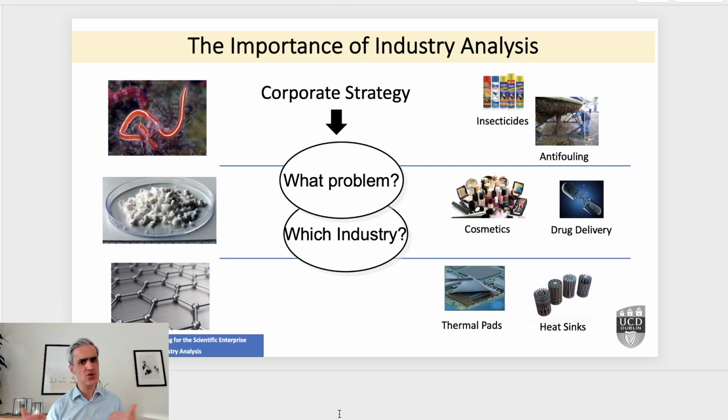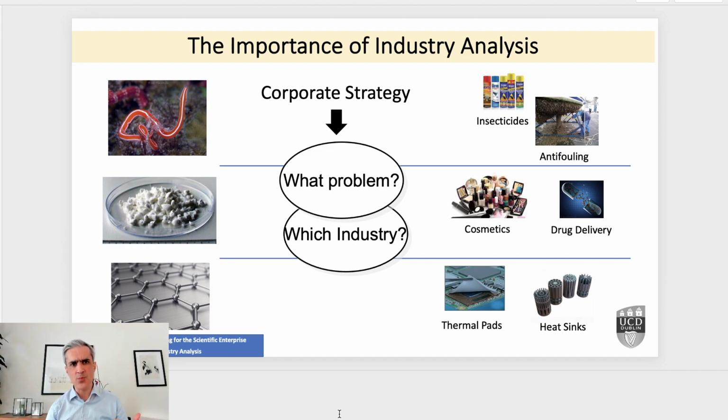So you need to choose, what problem are we going to focus on? Which industry are we going to focus on? And again, you can think of the implications of these two. Each of them is going to bring a different return on capital. So understanding the industry, understanding who your competitors are, understanding how much money you can actually charge in that industry, understanding all this is going to allow you to make a better decision.